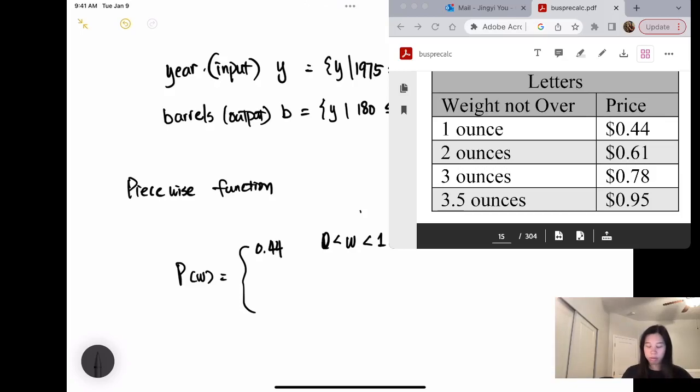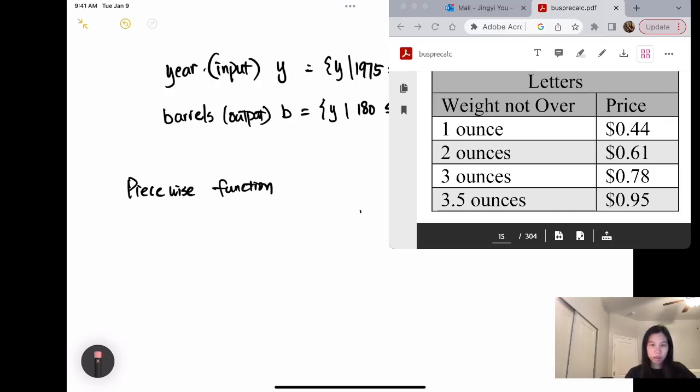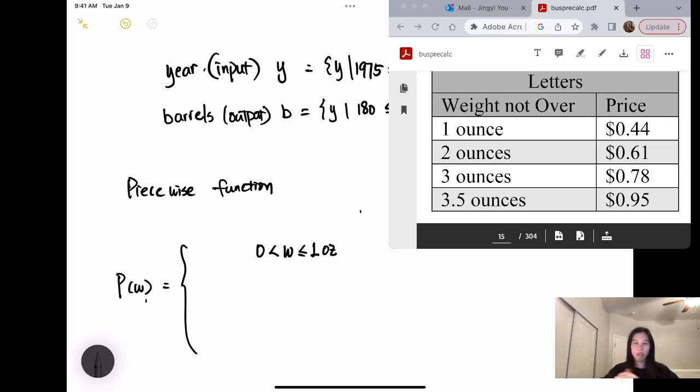This is a price function. If the weight is greater than 0, they start charging you, and less than or equal to 1 ounce, including 1 ounce, how much should they charge you? 14 cents. Like the previous example I told you, if the letter weighs 0.8 ounces, they still charge you 14 cents. Okay, so when do they charge you 61 cents?